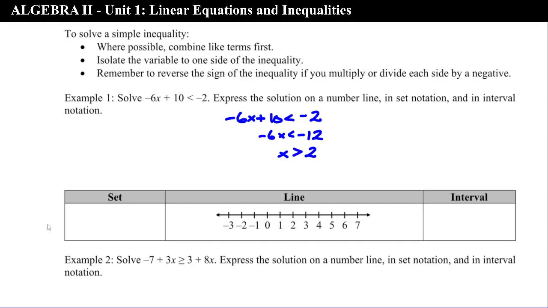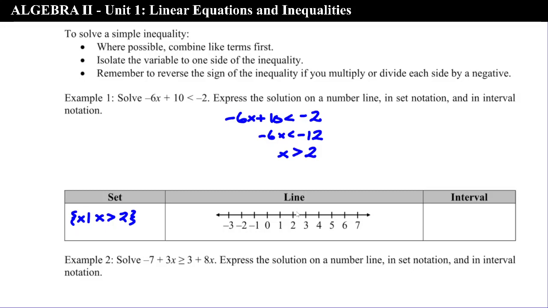So now that we have our solution, let's represent it in set notation. We simply take that solution we just found and drop it into the context of a set notation. So the set of all x such that x is greater than 2.